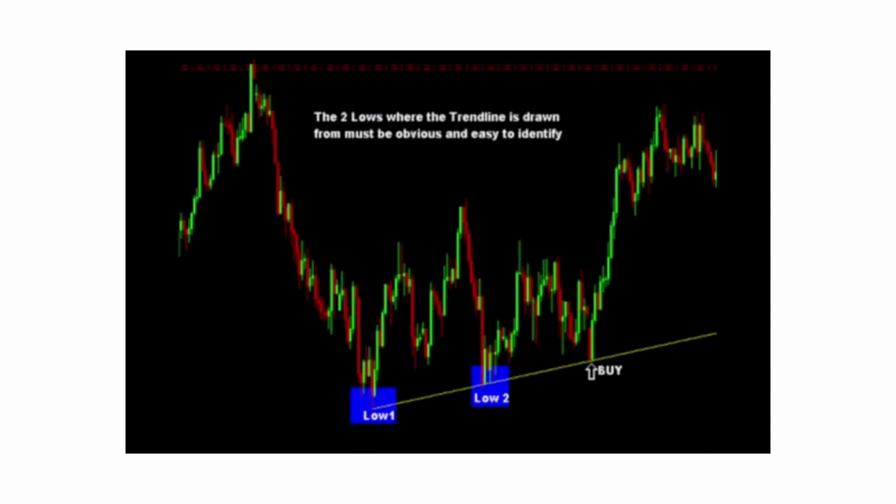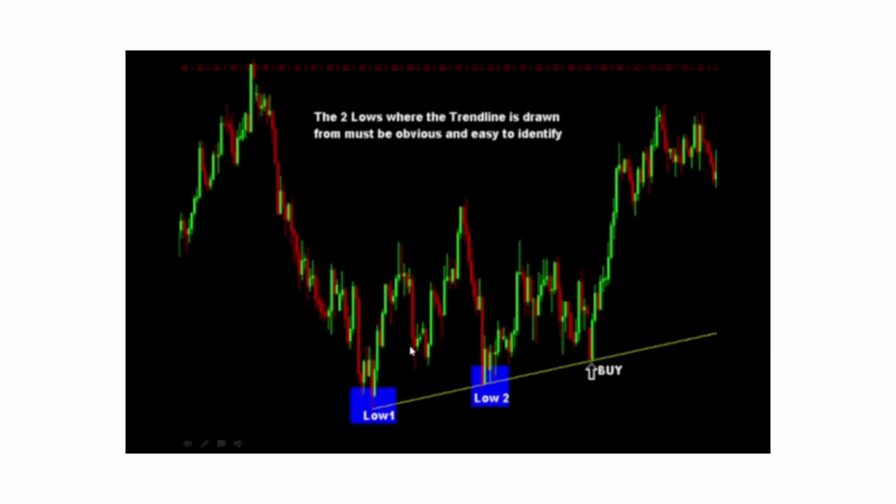Now the two lows where the trend line is drawn must be obvious and easy to identify. So you could see over here. So this is just to show you different examples of trade setups and patterns that actually happen in our trades.